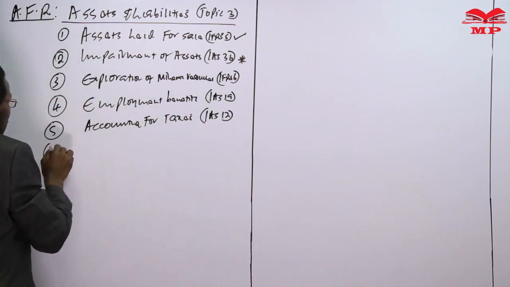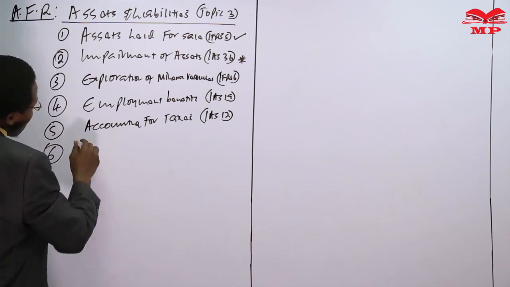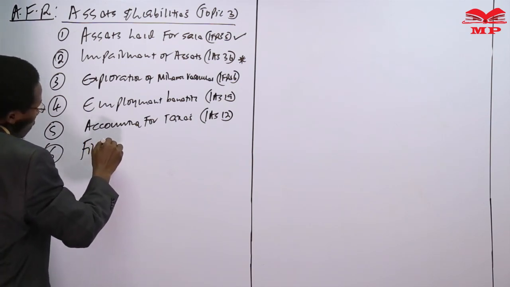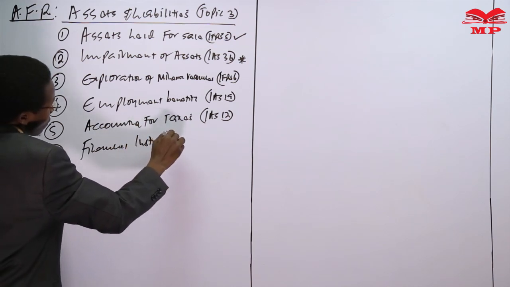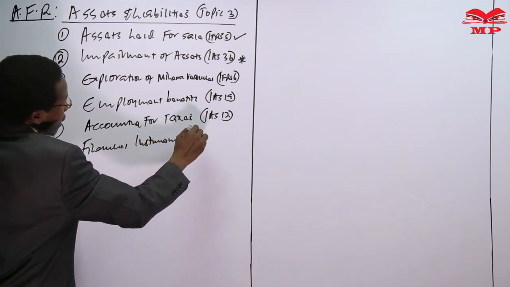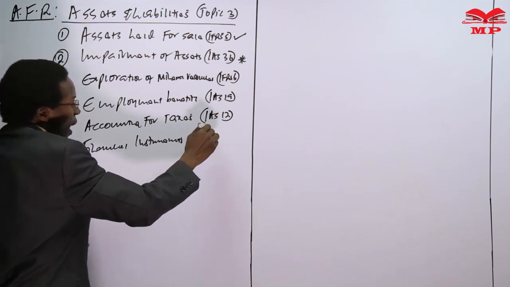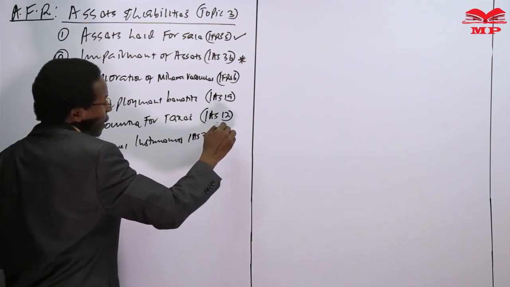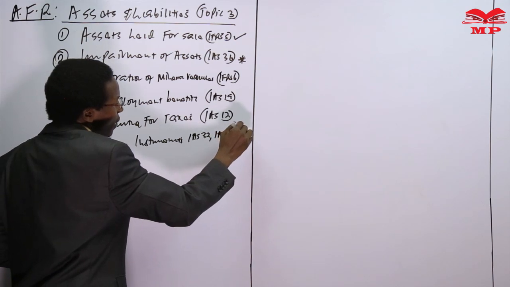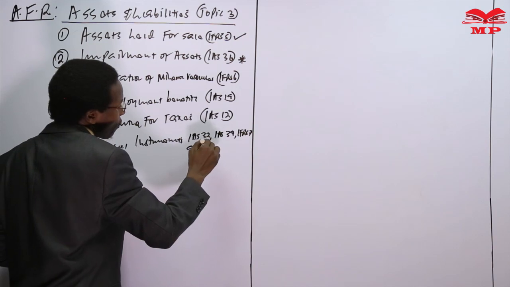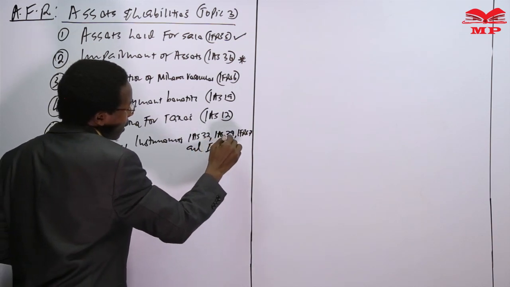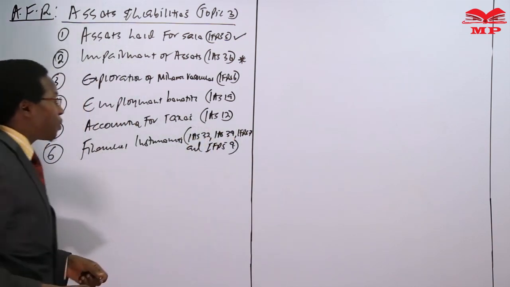Then number 6, we look at financial instruments, that is IAS 32, IAS 39, IFRS 7, and IFRS 9. So that's what we'll be looking at.